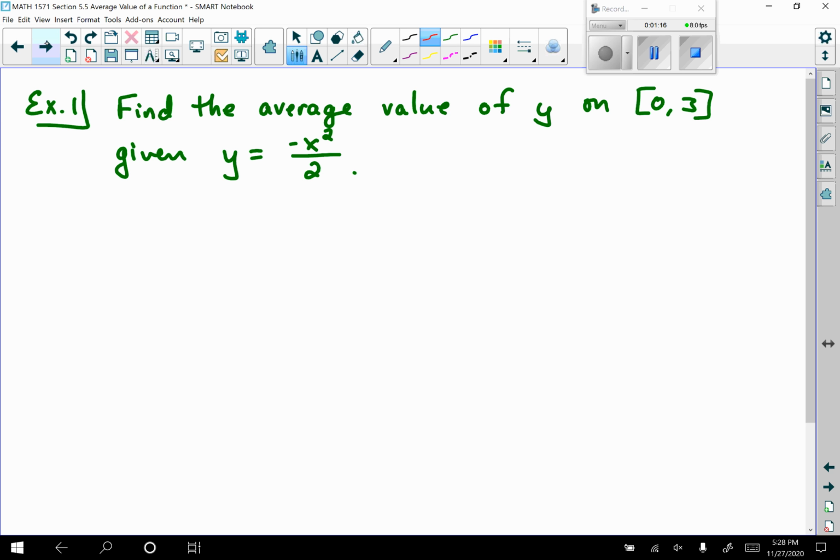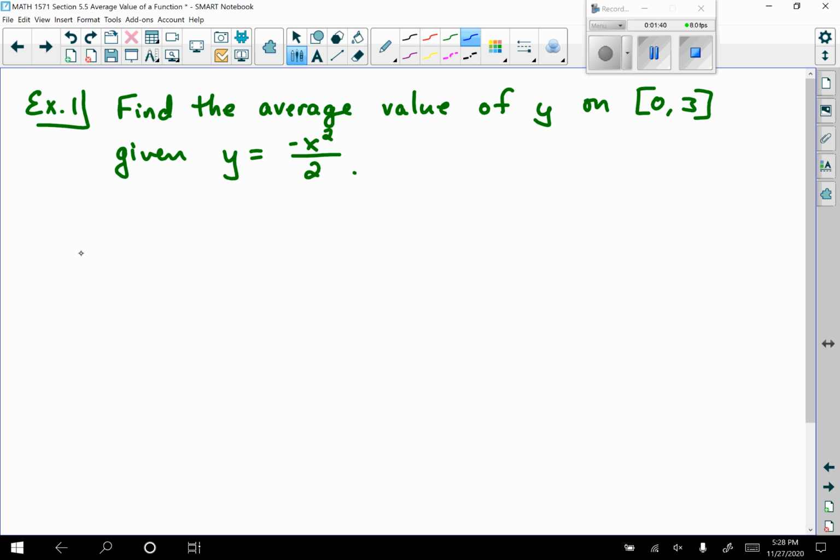So let's take a look at our first example. We're going to find the average value of y on the closed interval from 0 to 3, given that y is equal to the opposite of x squared over 2. So again, this is something that I would maybe graph on Desmos and then cut off the graph from x equals 0 to x equals 3, and then you could find the average y value there.